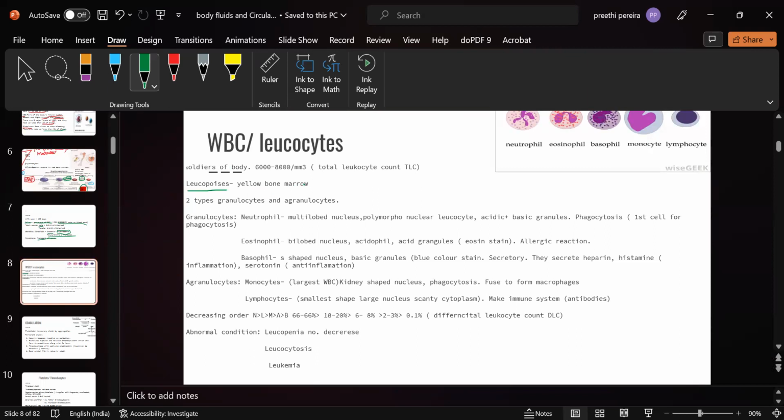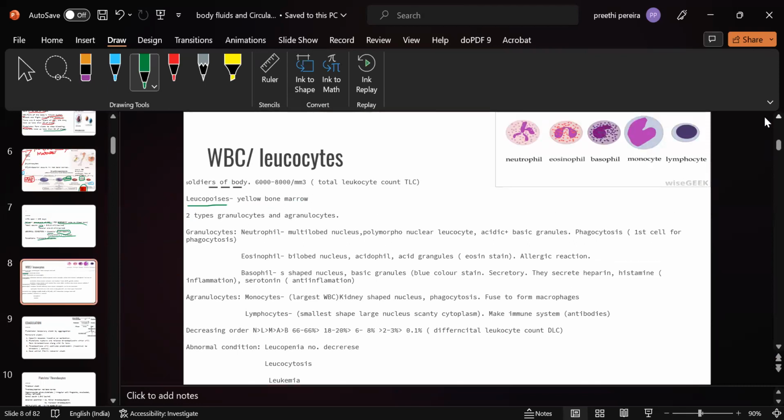So we have two types of leukocytes. If you see the picture over here, we have two types of leukocytes. The ones which have dots inside, we call them granulocytes. You can see the dots. So these three are granulocytes.